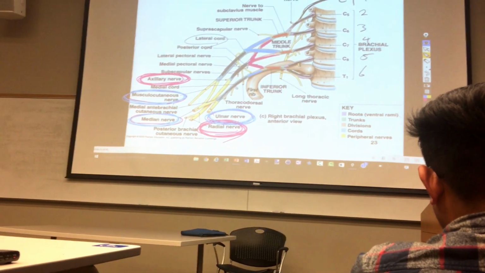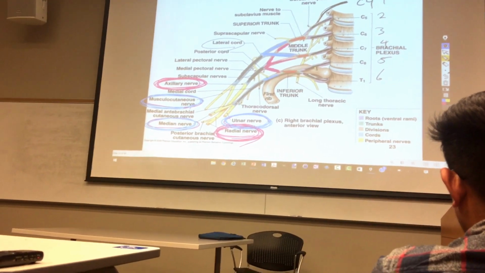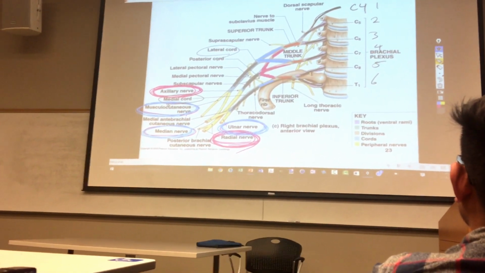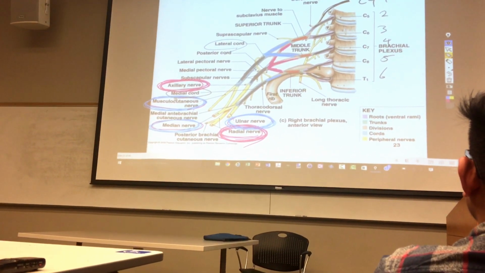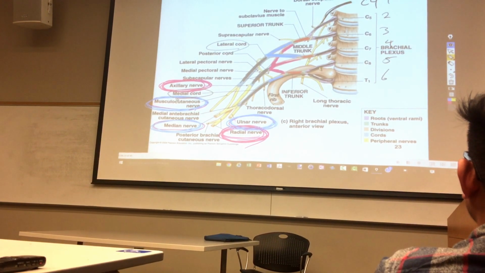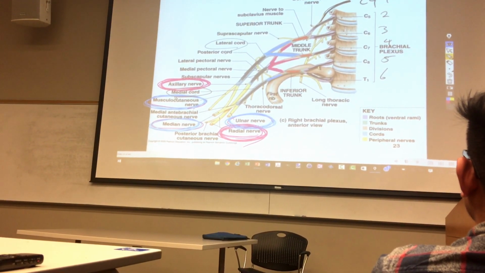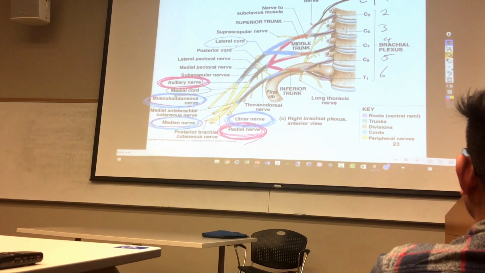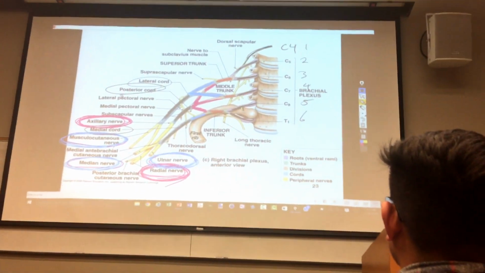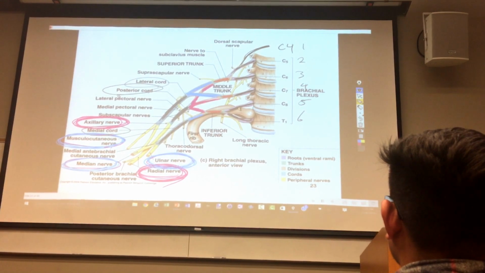This one down here is medial to the axillary artery, so it's the medial cord. And that one that's made of posterior divisions, where is it? It's posterior to the axillary artery, so you call it the posterior cord. That's it, that's how those are named.